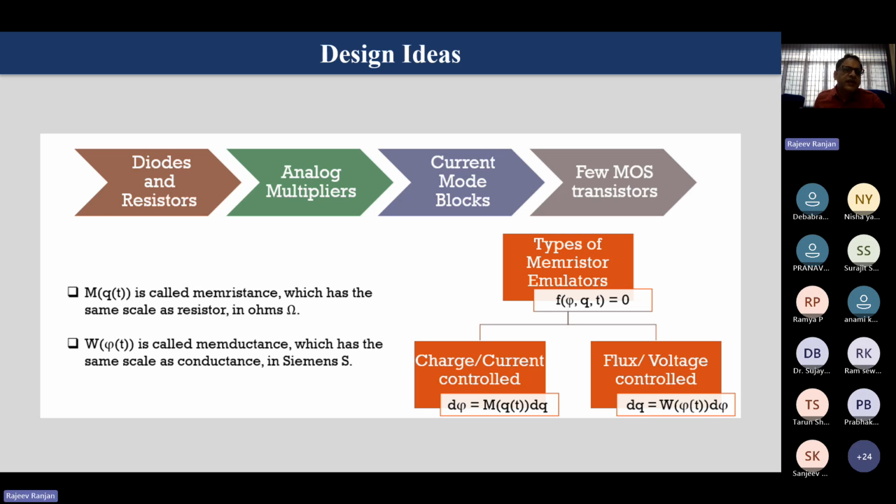Here M(q(t)) is called memristance, which has the same scale as resistance, in ohms. And W(φ(t)) is memductance, which has the same scale as conductance, in Siemens. For charge controlled memristors, M(q) = dφ/dq, and for flux controlled memristors, W(φ) = dq/dφ.